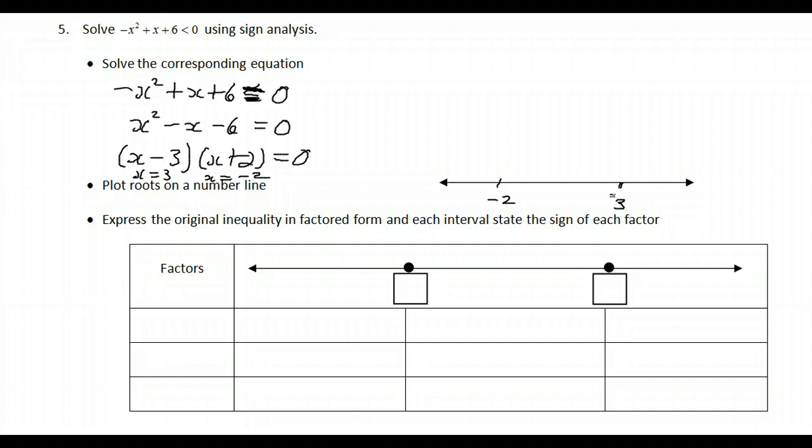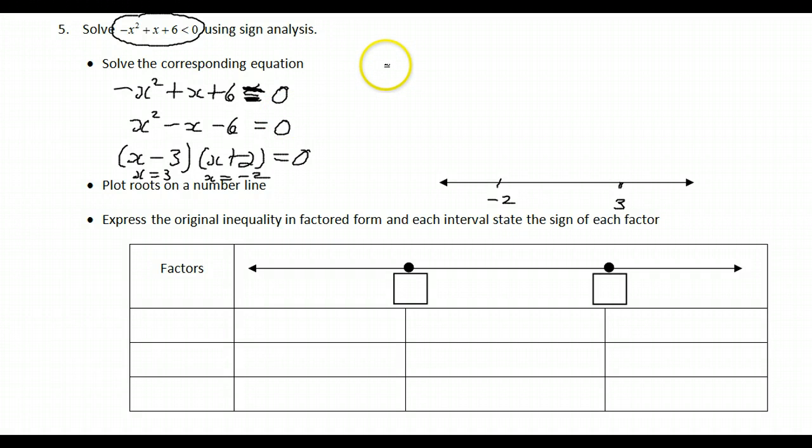We're now going to express the original inequality. This is the original inequality. Remember, I changed things around. When you're equals to, you can do stuff like multiply both sides by a negative. We need to express the original inequality in factored form, and in each interval we're going to state the sign of each factor.